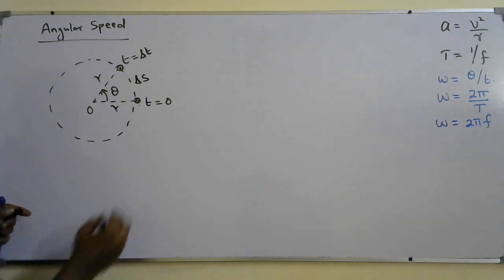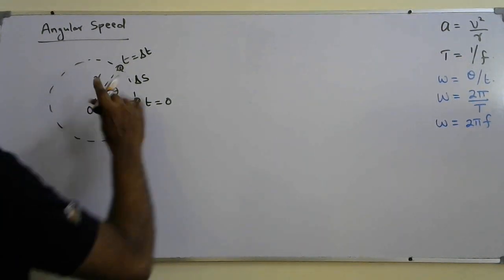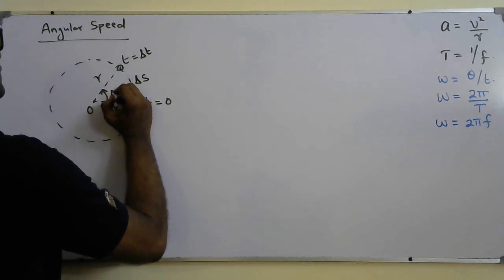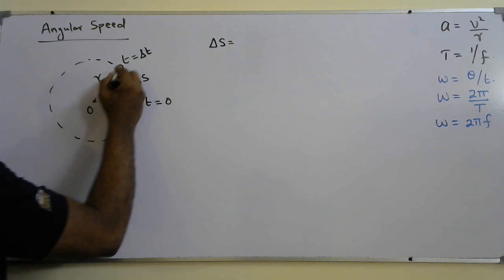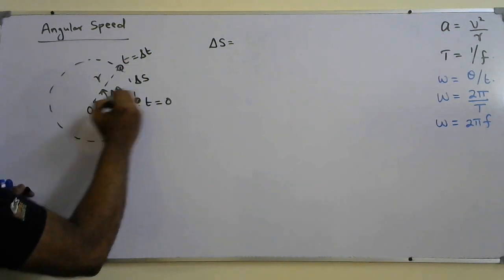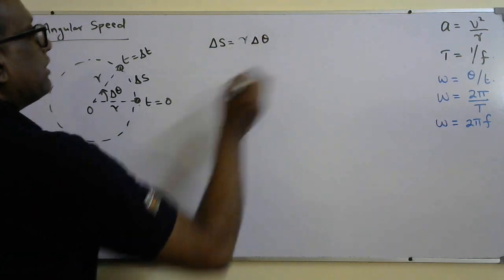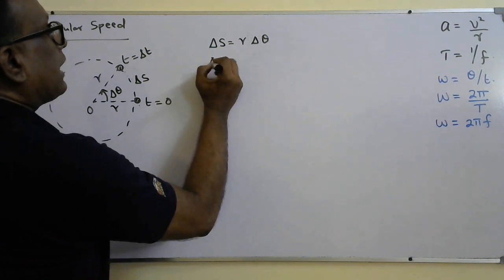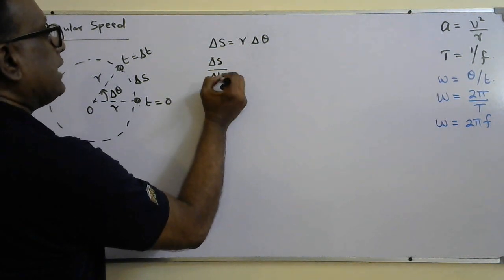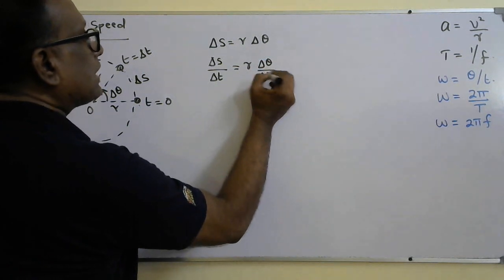So this angle will be delta theta. We can say delta s is equal to r delta theta. Divide both sides by time: delta s over delta t equals r delta theta over delta t.